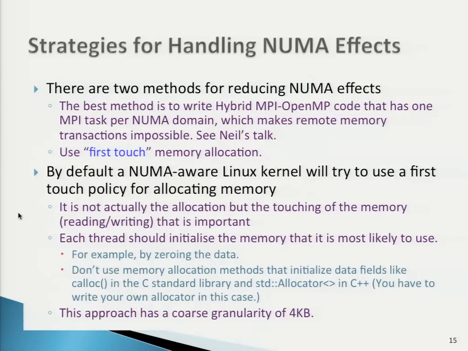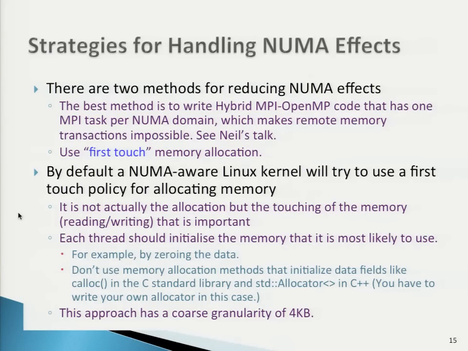It's pinned to a particular NUMA domain the first time it is touched, or the first time it is set. So, for example, you might allocate 1,000 bytes, and then loop through that memory and set all the values to 0. When you set them to 0, that's when the memory gets allocated to a NUMA domain. And it gets allocated to the NUMA domain of the thread that first touches it.